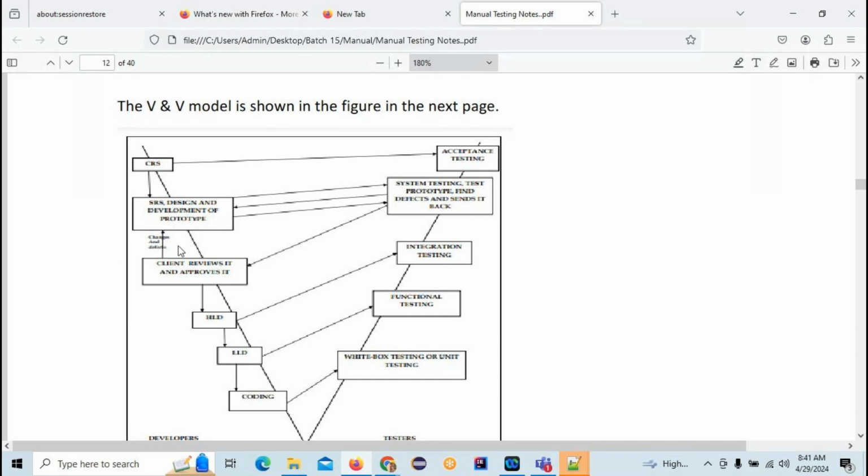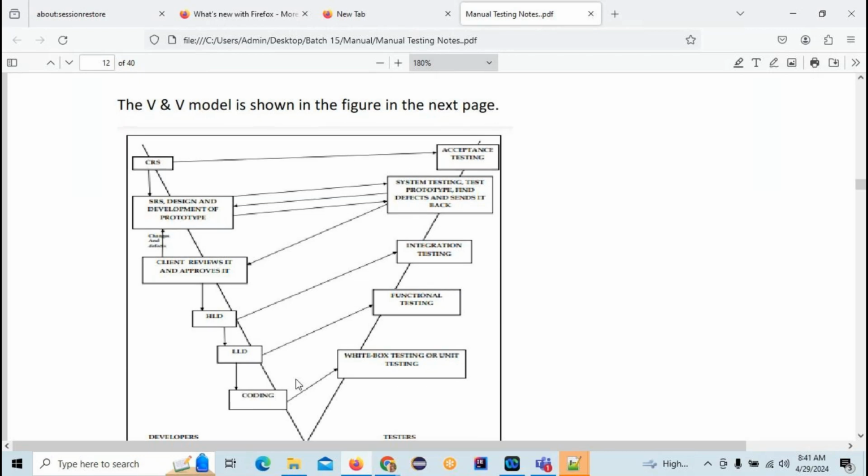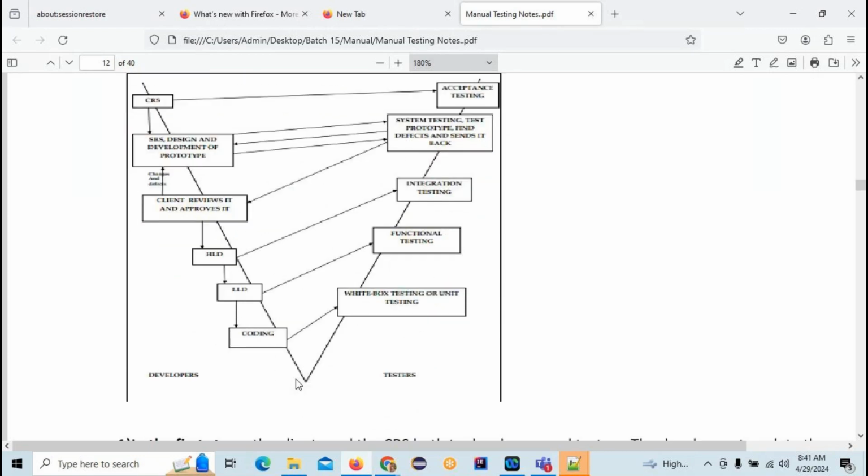At that time, the developers will convert the SRS to the HLD. Once the HLD is done, it is sent to the testers, and the developers convert that HLD into the LLD. Once the LLD is done, it is sent to the testers, and the developer starts coding. Once the coding is done, testing starts, then deployment and maintenance. Again, same thing. This is called the V model.